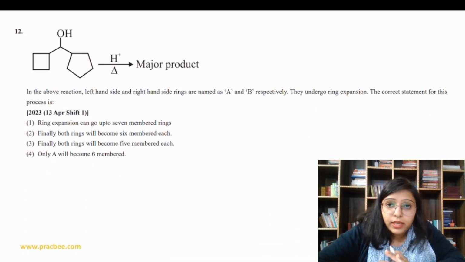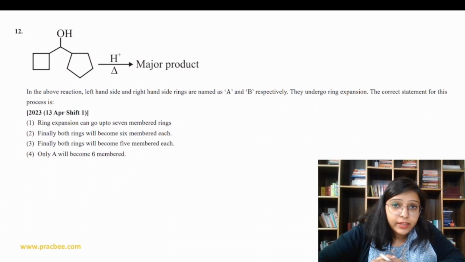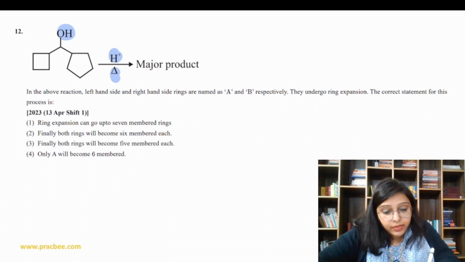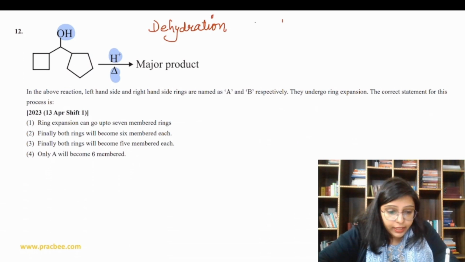This question says, in the above reaction, left hand side and right hand side rings are named as A and B respectively. They undergo ring expansion. So the correct statement for this process is, so see H plus, we have OH, we have H plus and heat. It means we have to remove water, dehydration, we have to do dehydration. And after dehydration, the product is going to be alkene, right?